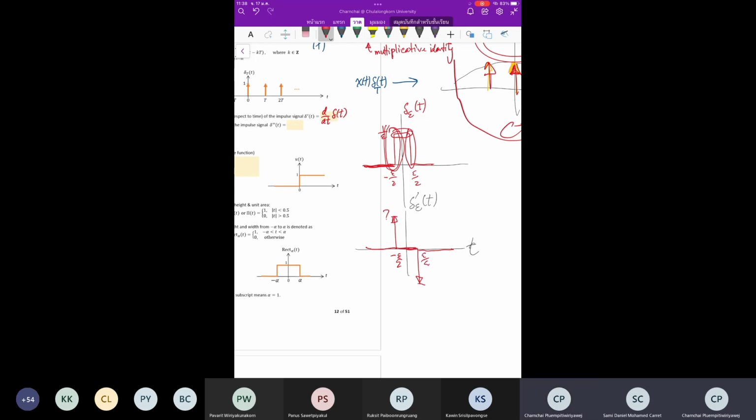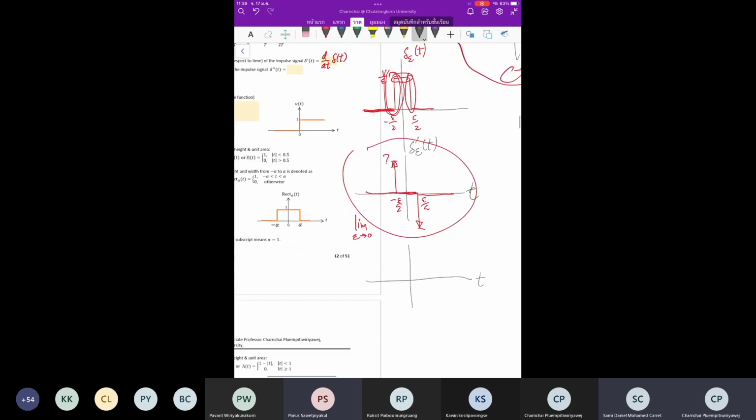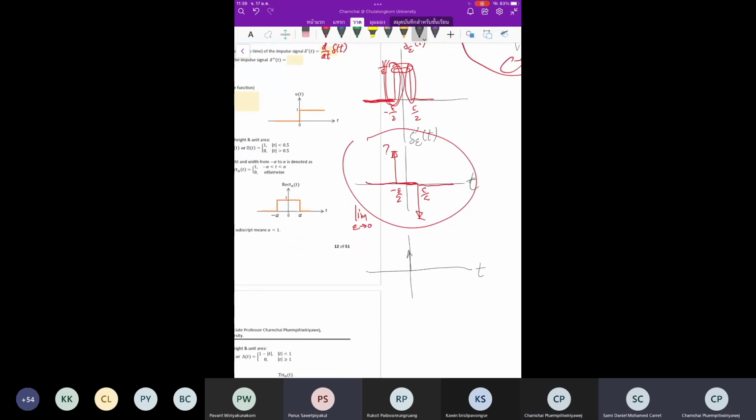And when we take the limit as epsilon goes to 0, what should this graph look like? Up and down arrow at t equal to 0. Yes, it should look like this, right?